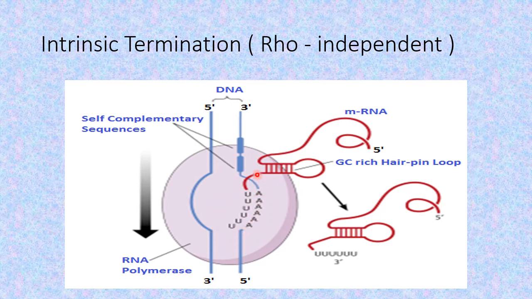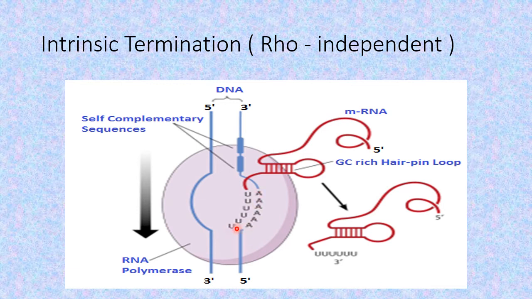So this is the weak bonding region of the RNA DNA hybrid molecule that exists throughout the transcription process within this transcription bubble formed by the RNA polymerase.